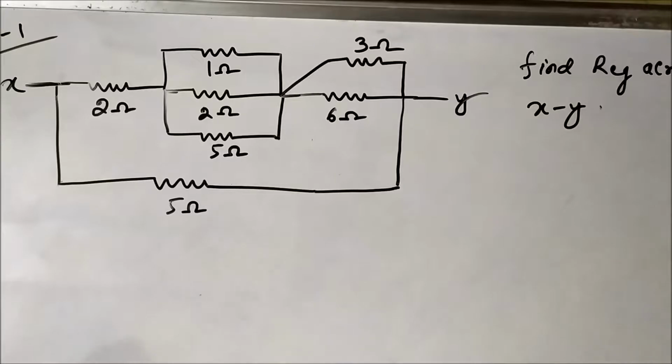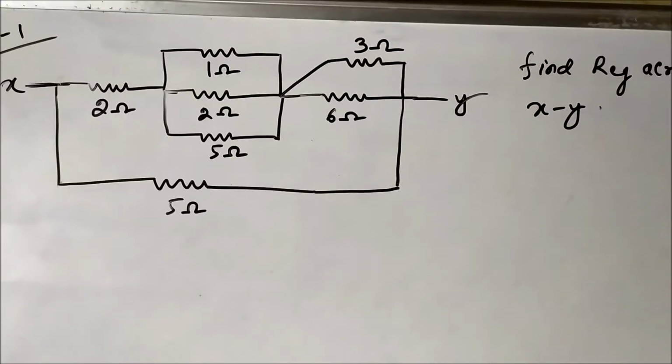So whenever you come across a circuit where you have to determine the equivalent resistance or equivalent capacitance or equivalent inductance, no matter what, do not look at the circuit as a whole. Always try to separate it into different parts, just divide it and then analyze each part separately.